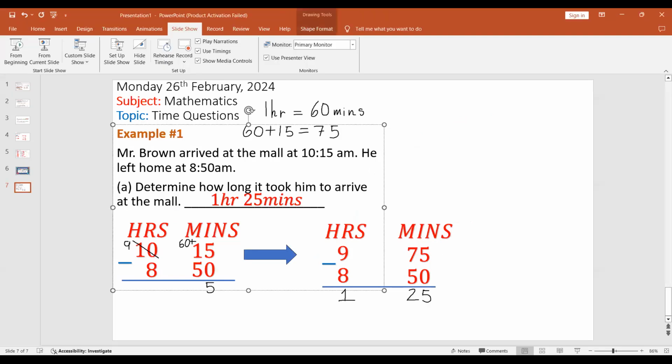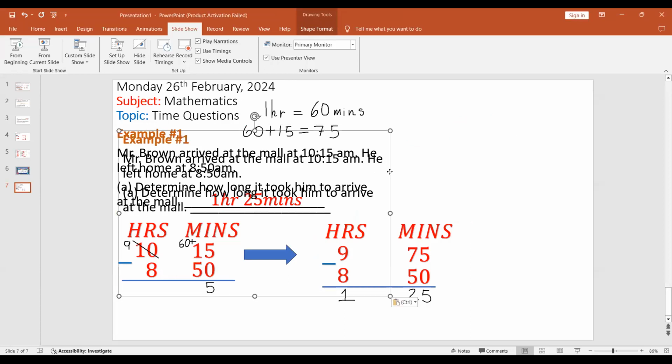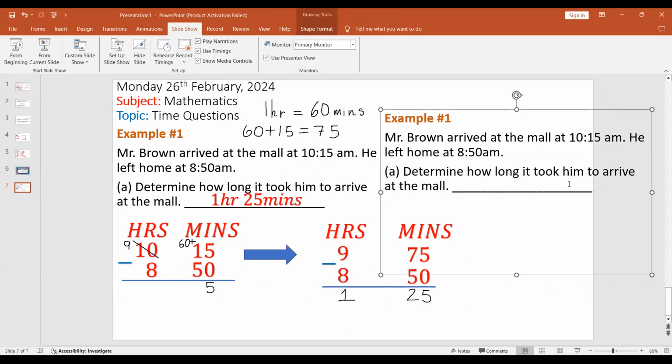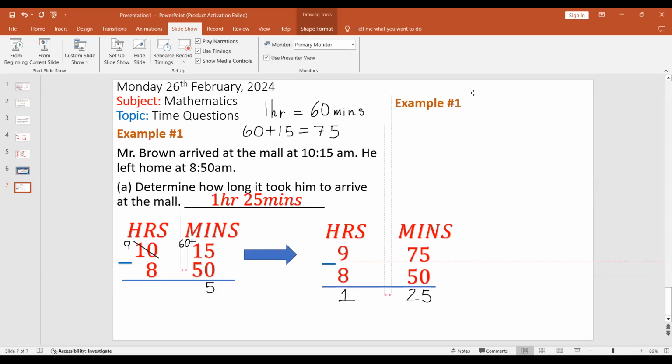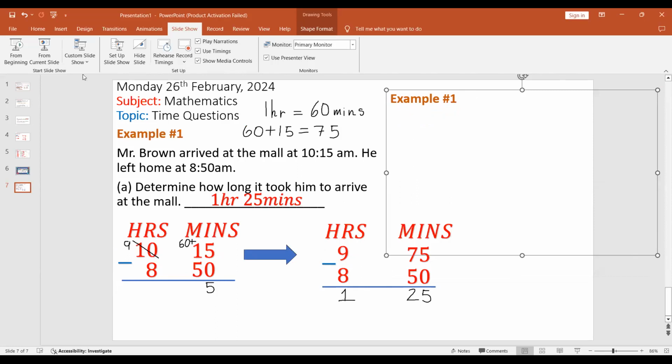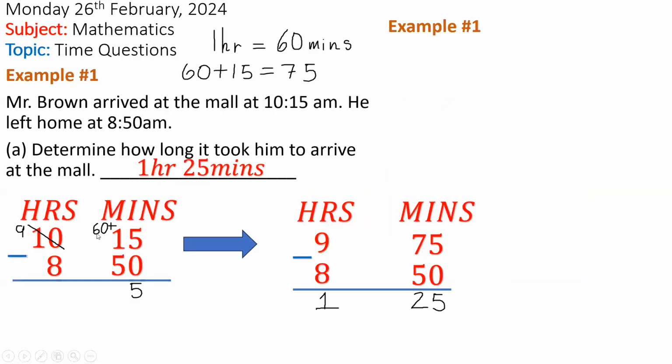Okay, so we already know how long it took. Can you say how you got 9 and 75? Okay, the way we got 75 is because we borrowed 60. We had to borrow an hour, right? You see that?